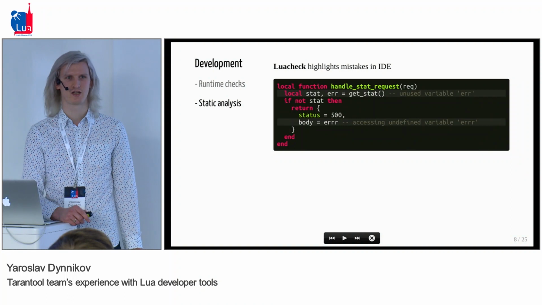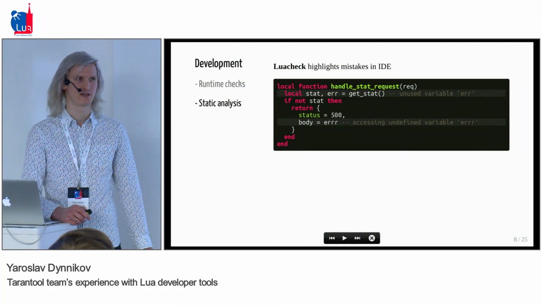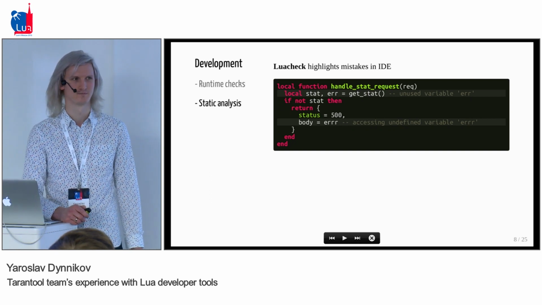It's a Lua linter, and it highlights mistakes as soon as you type. So you don't even have to wait for tests. You get the highlighting even before you write a test for it. And that's good.